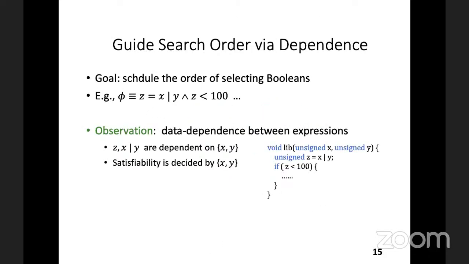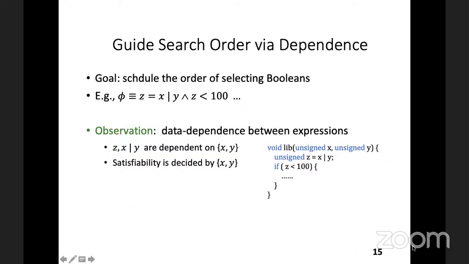Our second idea is to leverage the dependence between program expressions. In real-world software, it is often the case that the variables and the expressions have some dependence relations.